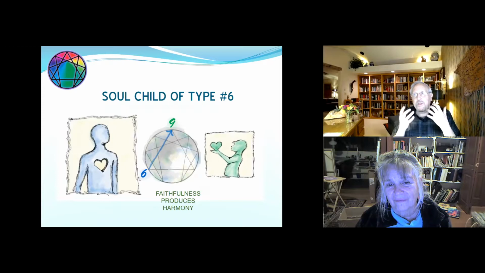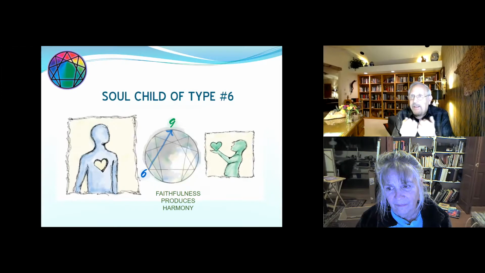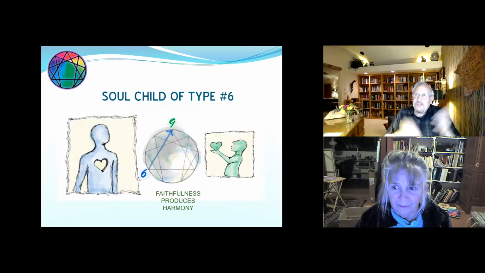But what it does when it goes to 9, to a soul child, is instead of it being driven out of this sort of fearful, anxious place, there's a restingness in the fidelity of the 6, because the 9 is a soul child and it is the place of harmony. And what the 6 wakes up to is, oh my God, that's what I wanted.